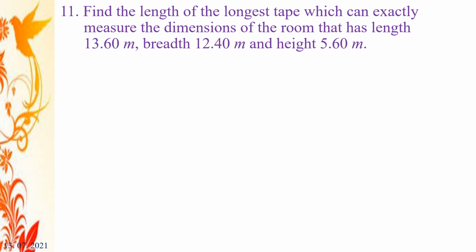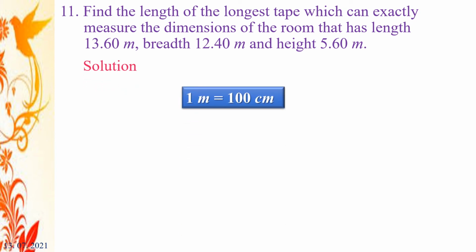So here it is given in meter. When you convert into centimeter, you'll get whole numbers, isn't it? So 1 meter equals 100 centimeter. Then we have 13.60 meter. When you convert into centimeter, we multiply by 100. We'll get 1360 centimeter.